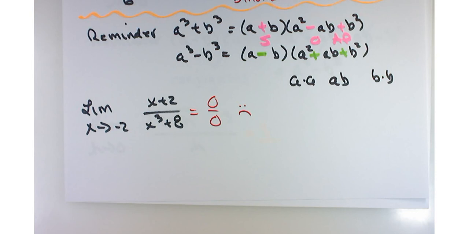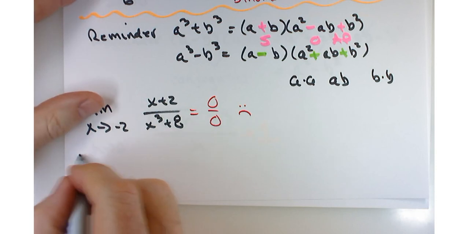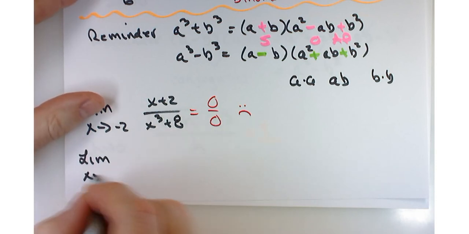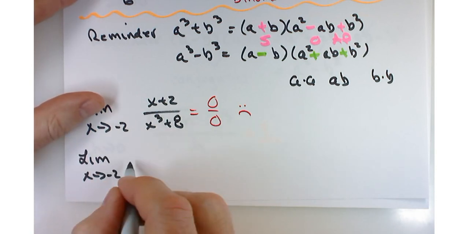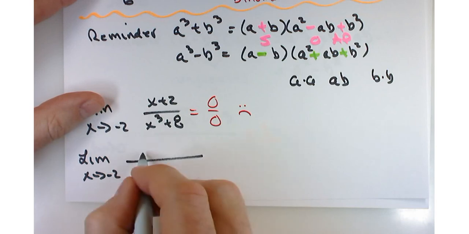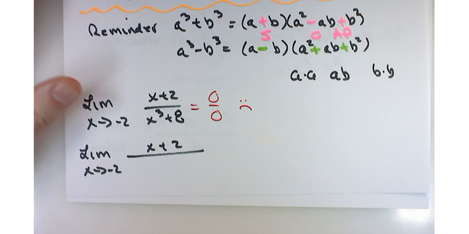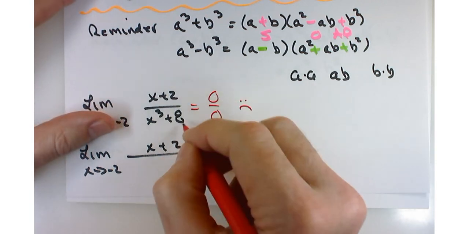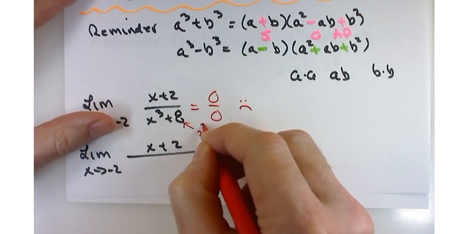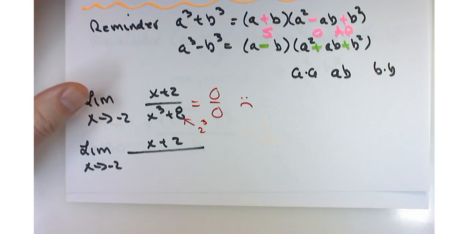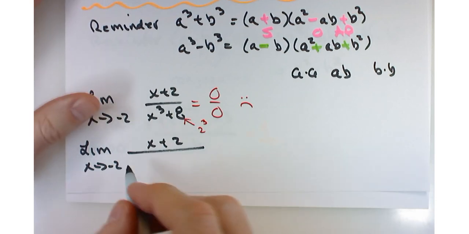Okay. Well, what work would that be? Any suggestions? All right. The 8 happens to be 2 cubed. All right, so that's a nice thing to notice. What does that allow us to do then?